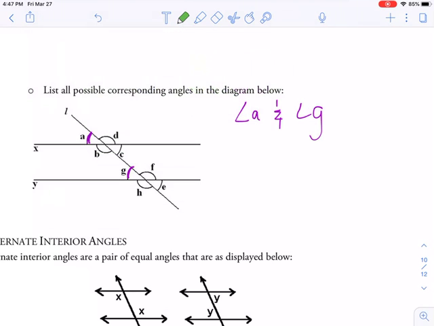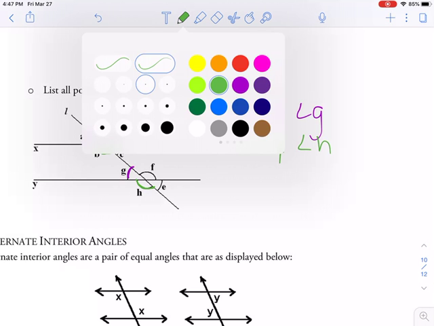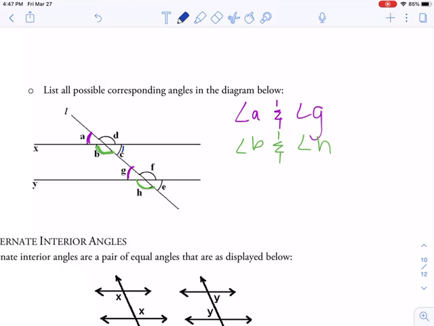And then if I move down here to B, I can see that angle B is in the bottom left corner, and H is also in the bottom left corner, so that means angle B and angle H are also a corresponding angle pair. Okay, then if I move over here to C, which is in the bottom right corner, we can see that angle E is also in the bottom right corner, so that means that angle C and angle E are also a corresponding angle pair.